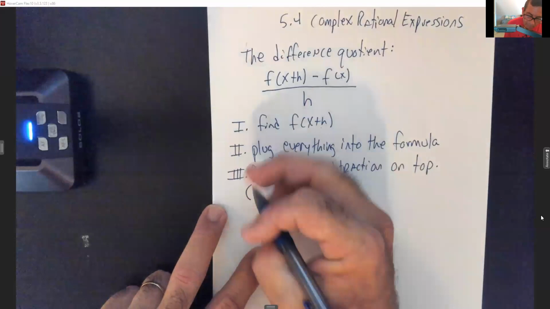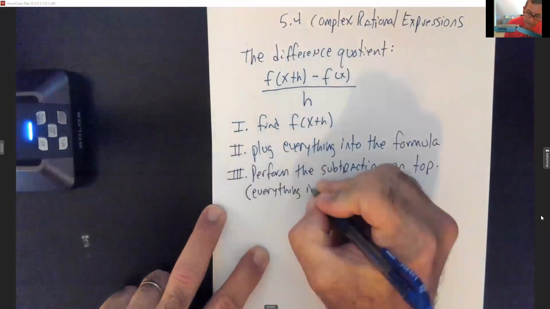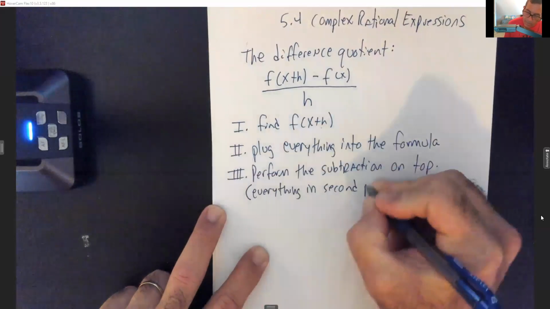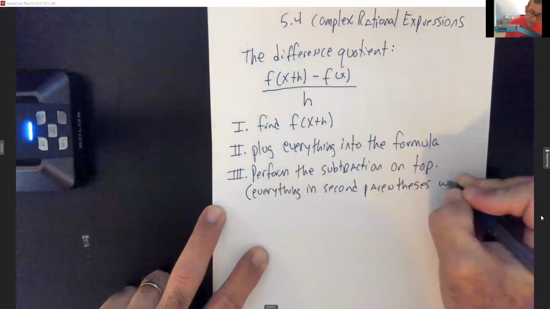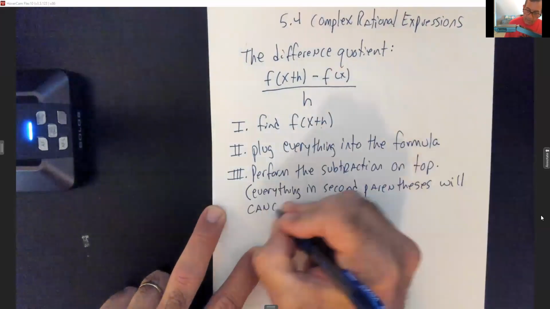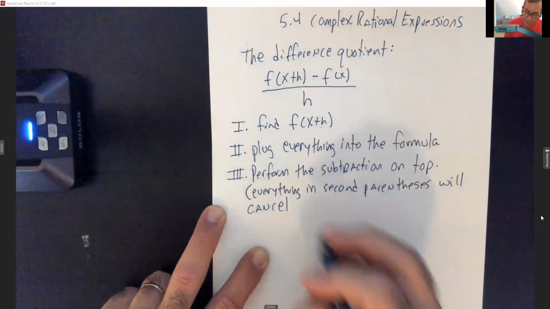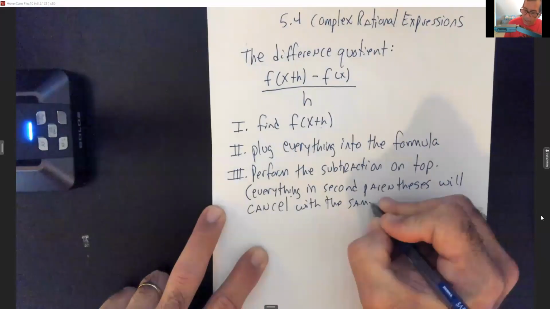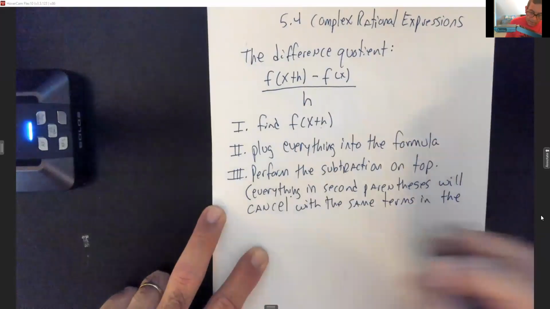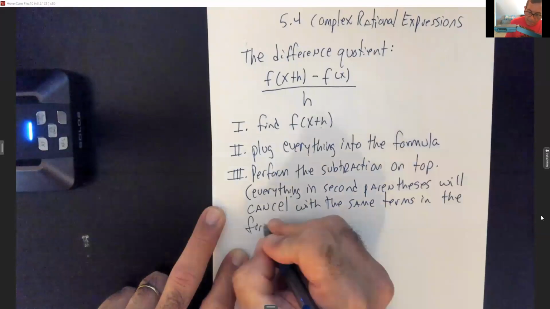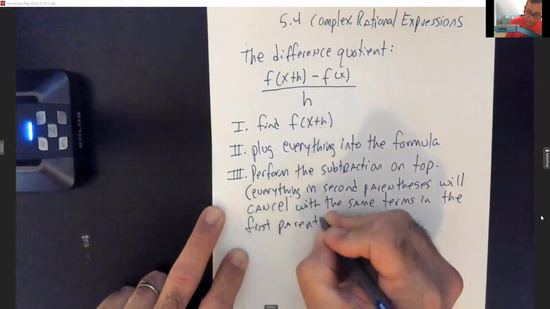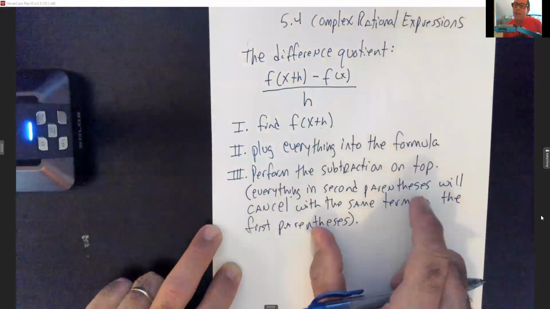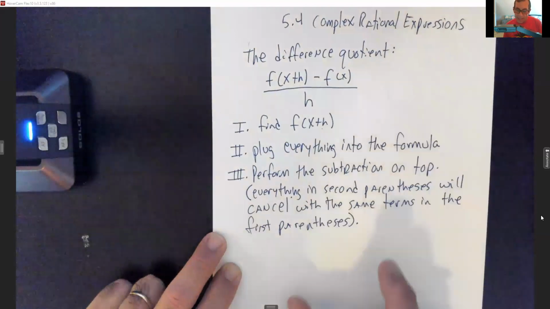So basically, after this step, if it doesn't have an h in it on the top, it's going to cancel out.